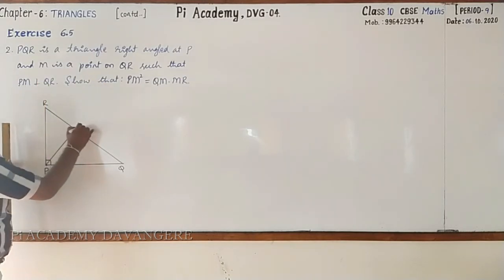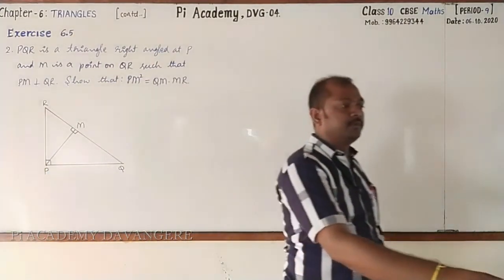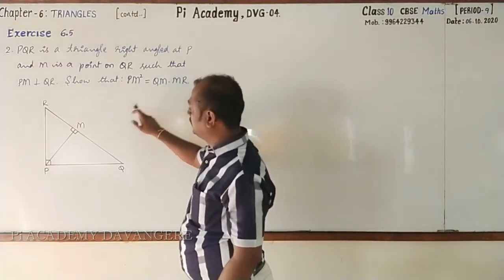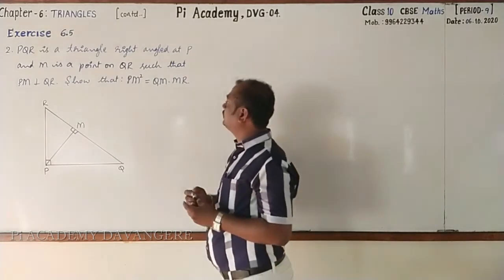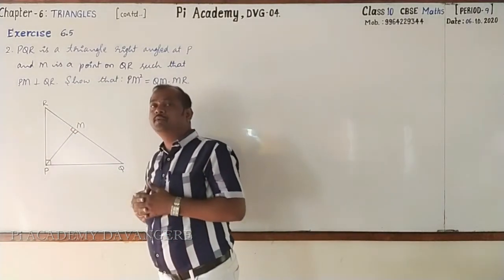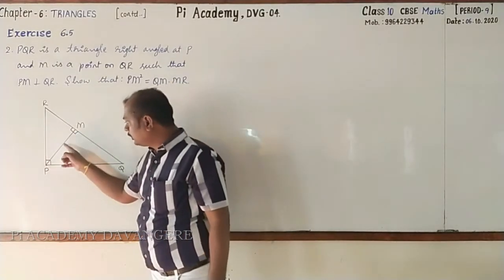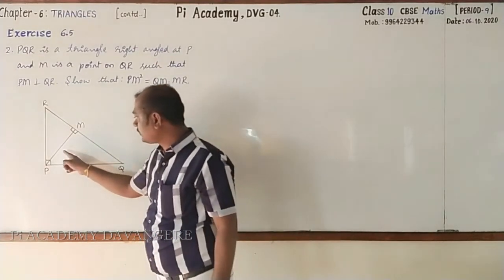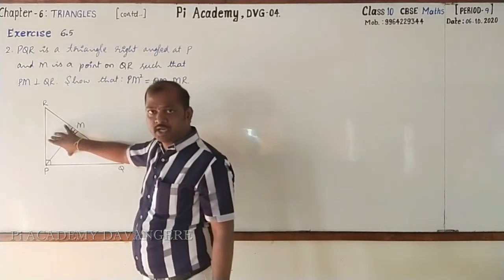PM perpendicular to QR. And with this information, we are going to prove that PM square is equal to QM into MR. How do you go about finding it? It is very simple. Look here. If you want to get PM square, then as we know, PM is the side of two triangles, right?